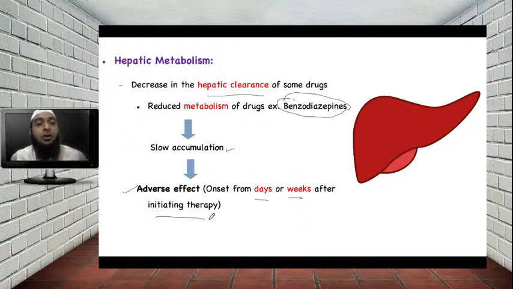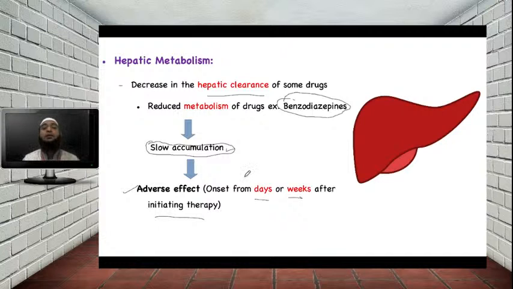You may not see the ADR on the first dose of the drug, or on the second dose, because the accumulation is happening very slowly, which is directly proportional to the impairment of the liver function. It depends on whether there is 10% liver impairment, 20%, or 50%. Accordingly, the drug accumulates in the body, which may produce an adverse effect with onset from days to weeks after initiation of the therapy.